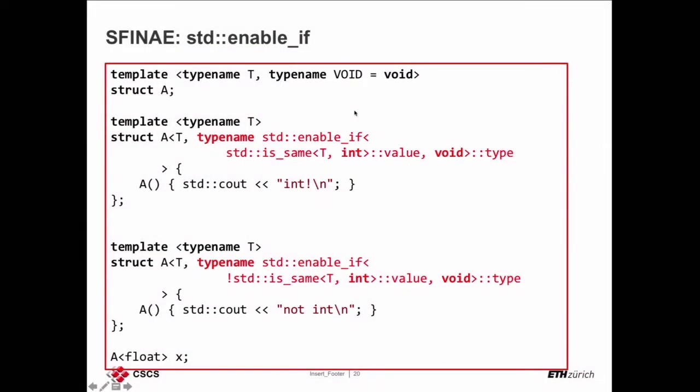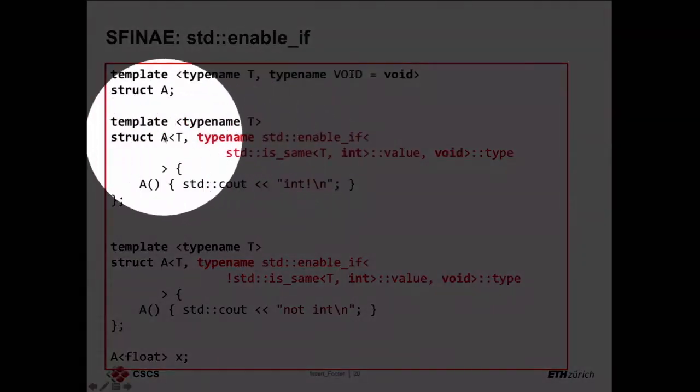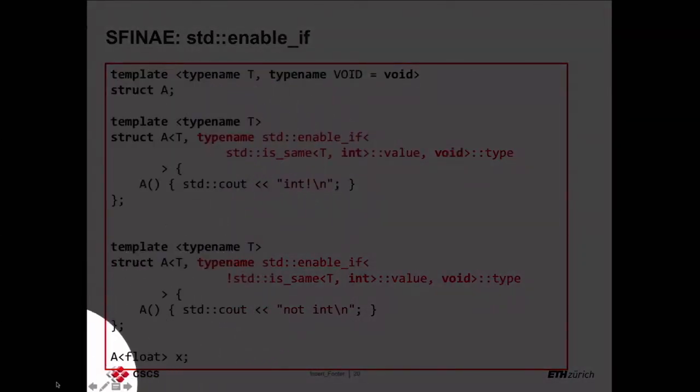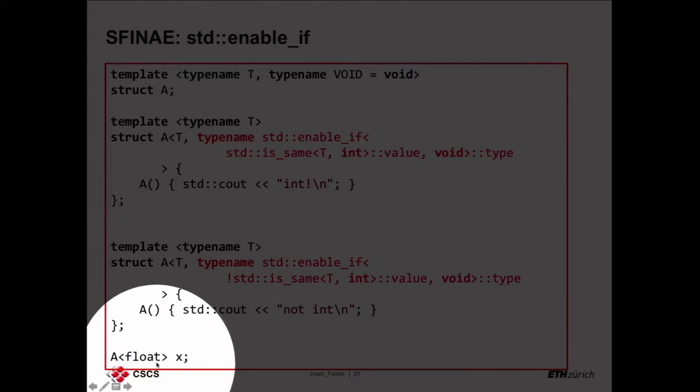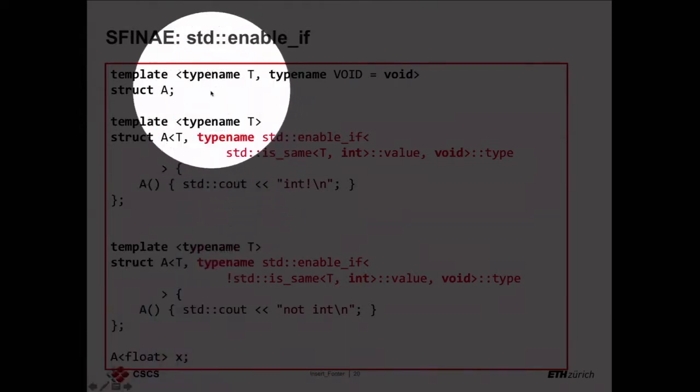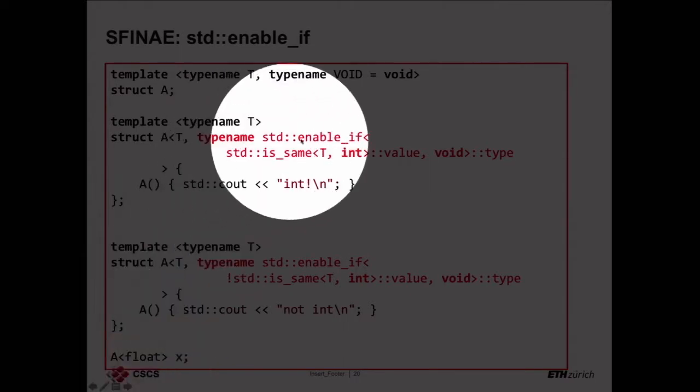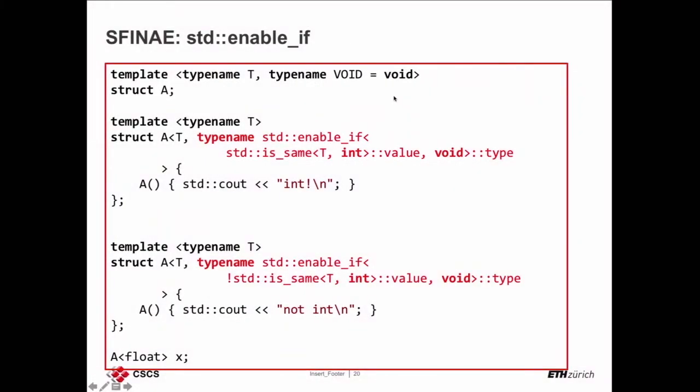It's just a name, and I want that to be void. Now, I can write something like, I want to instantiate A of type float, right? So it will be float. I go to the primary template. It will be float and void, right? These are what I want to instantiate. And then I go here.